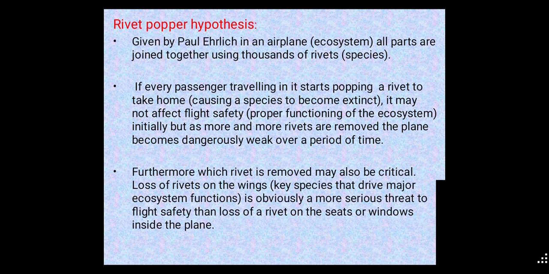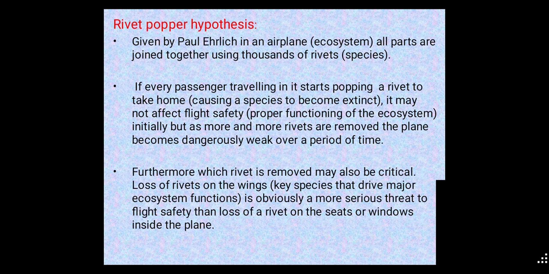Loss of rivets on the wings, that is key species that drive major ecosystem function, is obviously a more serious threat to flight safety than loss of a rivet on the seats or windows inside the plane.